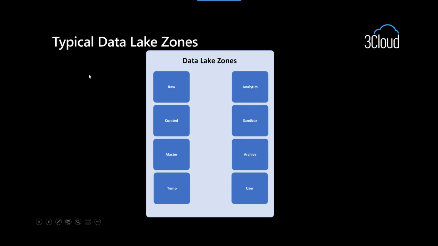So here are your typical landing zones. I mentioned raw a minute ago, but each of these has a purpose, and none of them are hardcore must-haves, except for the raw one. The rest are up to you on how you want to divvy this up. I've even seen customers that have separate storage accounts for these different purposes. They don't want to mix things together, so raw goes on one storage account and curated goes on another.